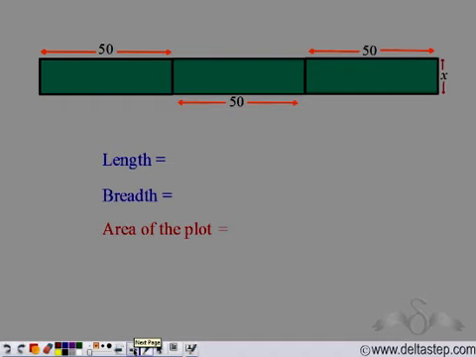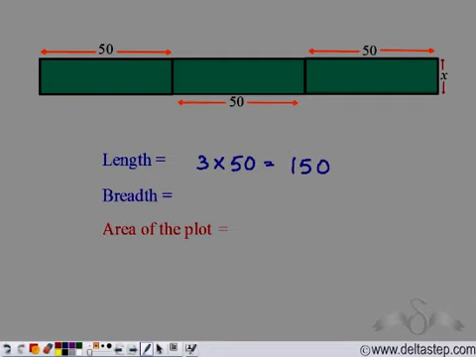Next, he comes across this plot of land. Its length is 3 times that of the earlier plot, but the breadth is same as that of the earlier plot. So he calls this breadth also X and length is 3 times 50. So length is 3 into 50, which is 150 units.